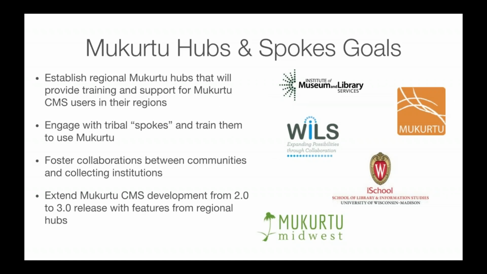We're establishing a Mukurtu Midwest Regional Hub, which is providing training and support to tribal and non-tribal libraries, archives, and museums. The goal of this grant is to really expand the adoption of Mukurtu, to facilitate user testing with the communities we're working with, and extend Mukurtu in its development.